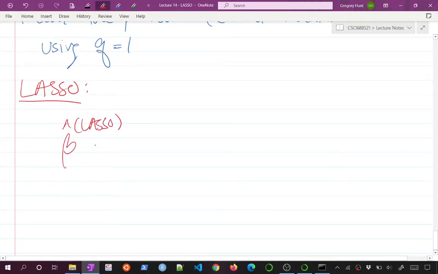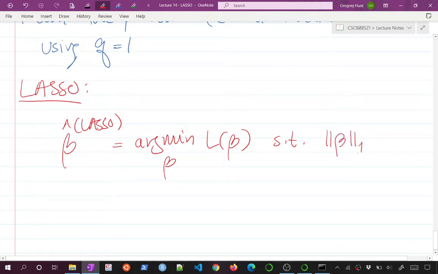Beta hat lasso is where we're going to minimize that loss subject to the constraint that the 1 norm of my betas is less than or equal to some t.